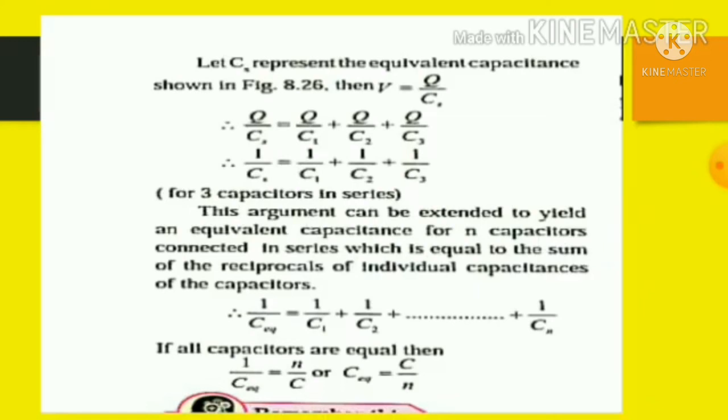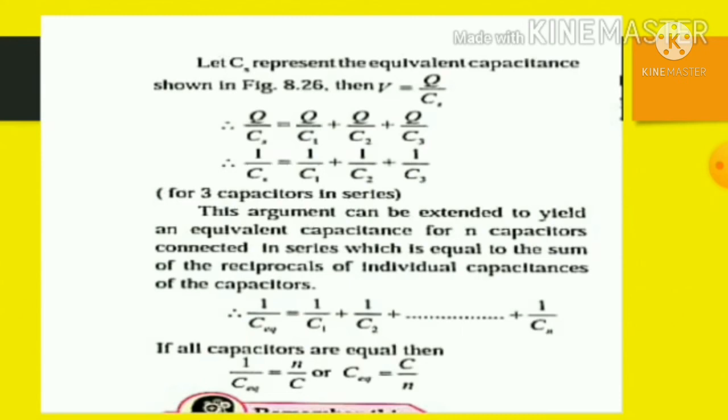Then we use n number of capacitors, and these n number of capacitors are arranged in series combination. Then their equivalent or resultant capacitance, when n number of capacitors are arranged in series combination, is in this way.